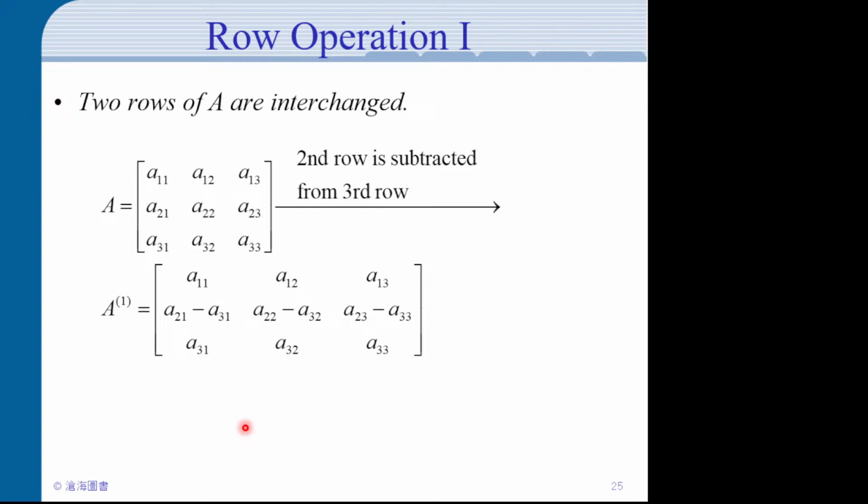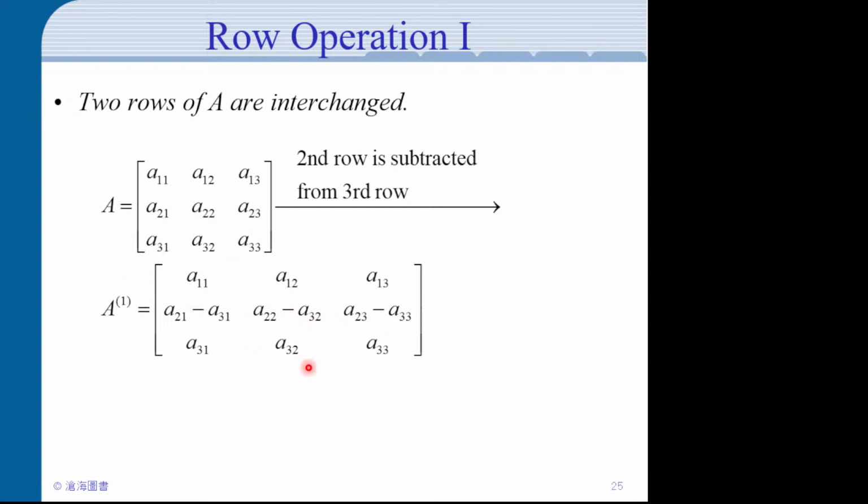Here we do a proof by example, but obviously you can generalize it. We are actually going to use the other two row operations to get this row operation. So we want to exchange the second row and the third row.